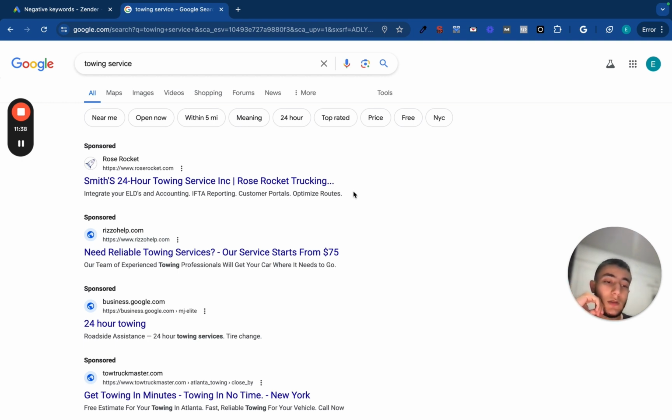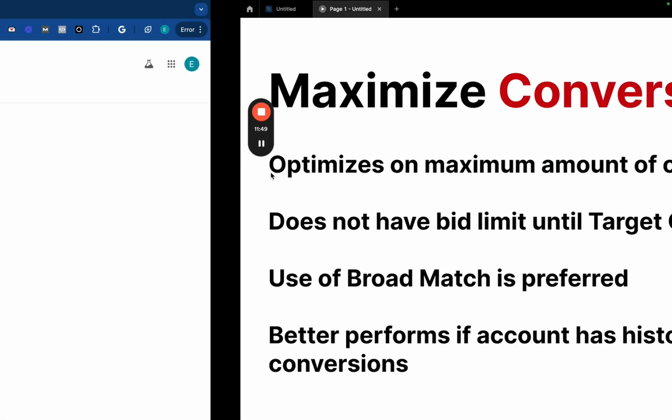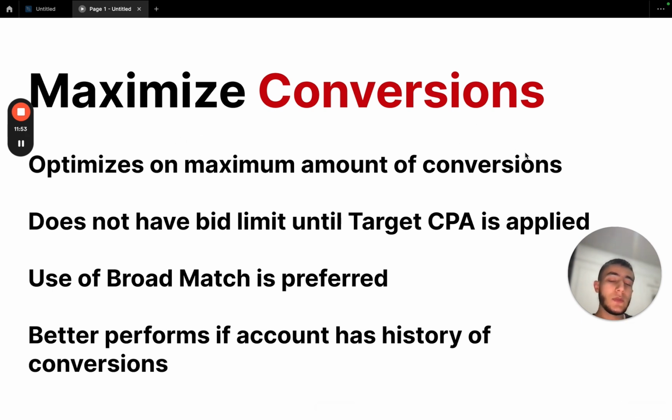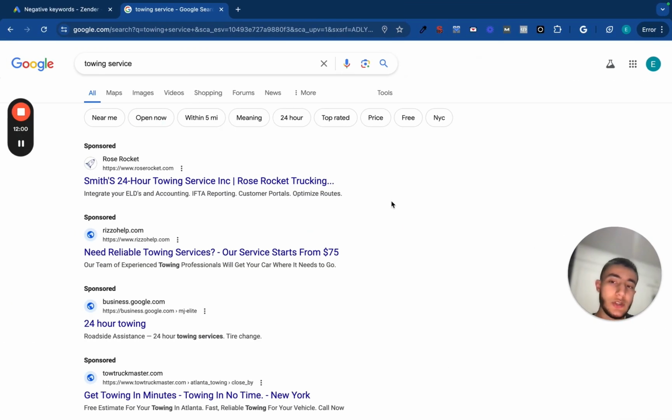So if you paid more than others do, you expect people to convert, but that's not the case in real life. Usually, if you don't have conversion data and you use exact match with maximize conversions, Google Ads will think that the search term, like "towing services," is more likely to convert.